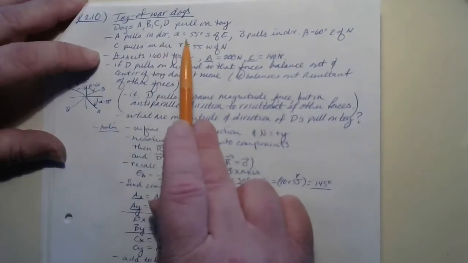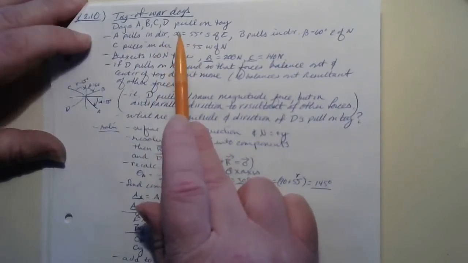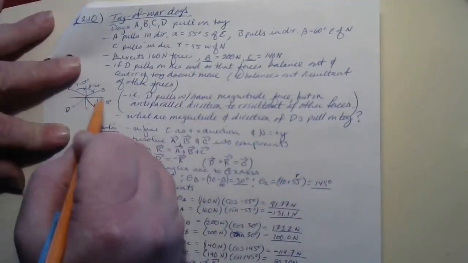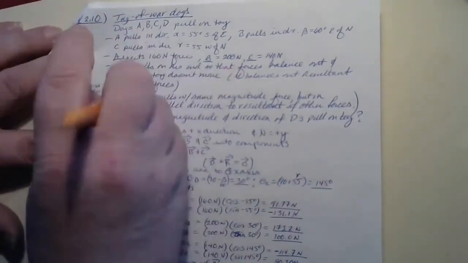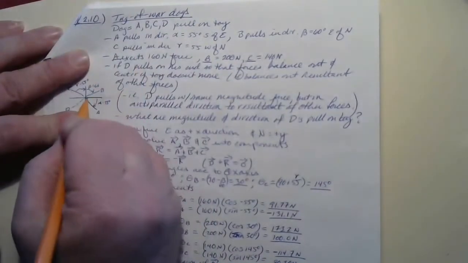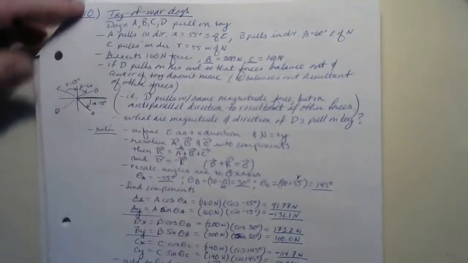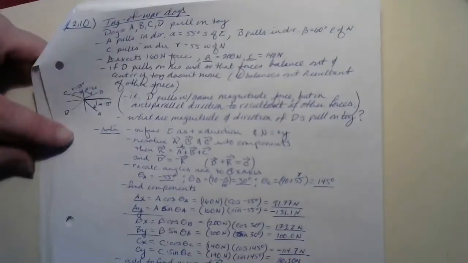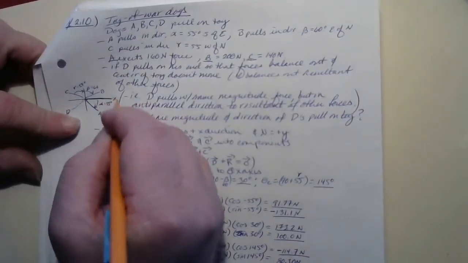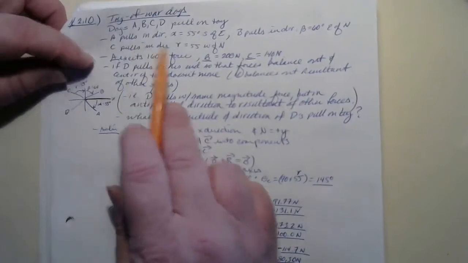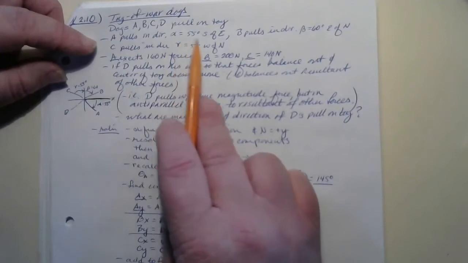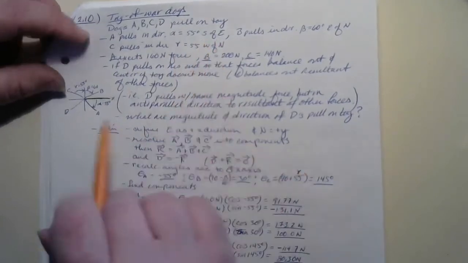So dog A pulls in a direction that they're giving in the form of an angle from the positive x-axis. I've drawn a little diagram here. They have a more artistic diagram in the book where they've actually drawn the dogs. I'm just calling the dogs A, B, C, and D because that's what their names begin with. Dog A pulls in a direction with an angle alpha of 55 degrees south of east.